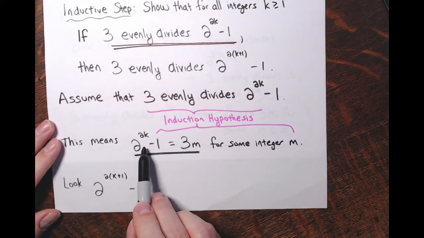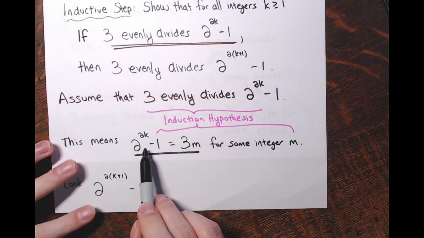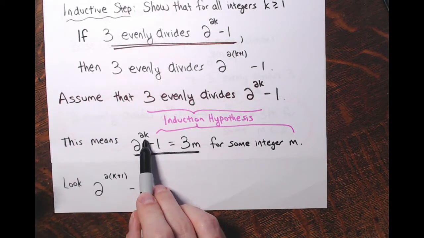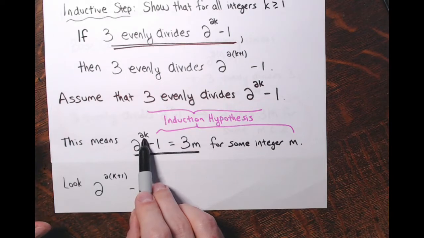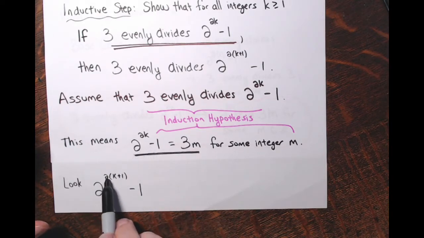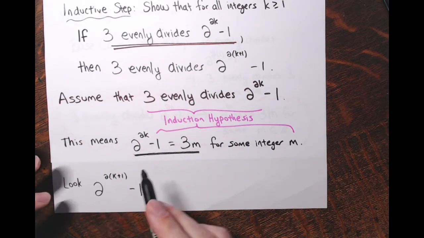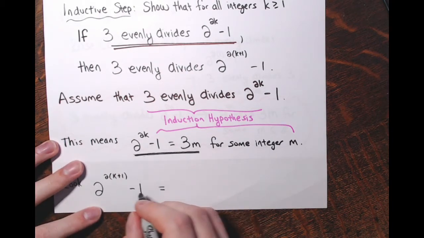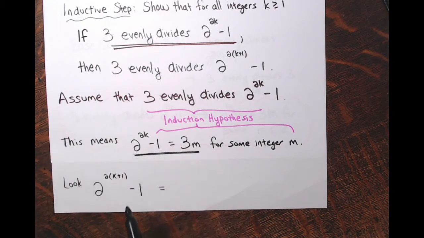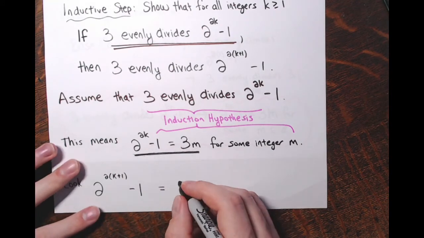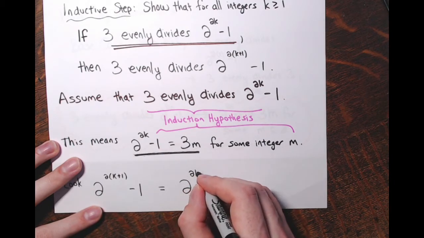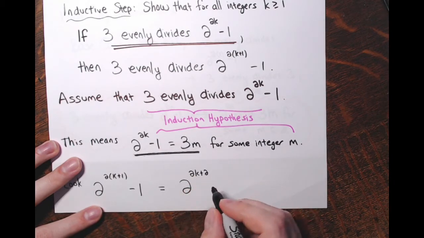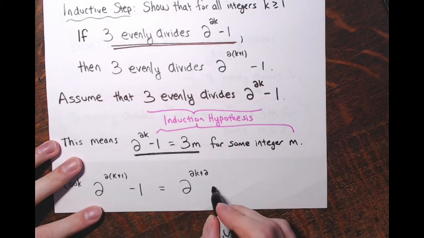I want to eventually use again the induction hypothesis. Now the induction hypothesis involves 2 to the 2k power, not 2 to the 2 times k plus 1. So I'm going to do a little algebra here. I'm going to eventually get this so that there's 2 to the 2k involved. So distributing the 2 there, we have 2 to the 2k plus 2, and then minus 1.